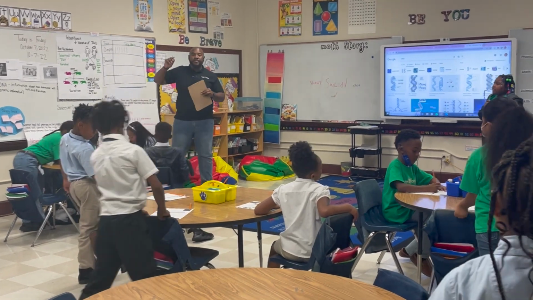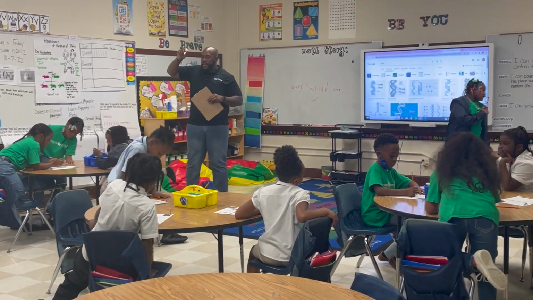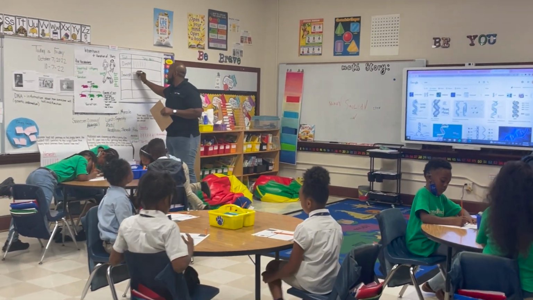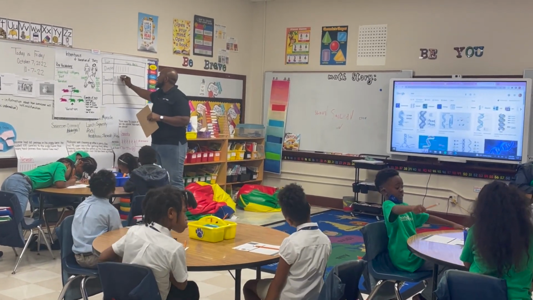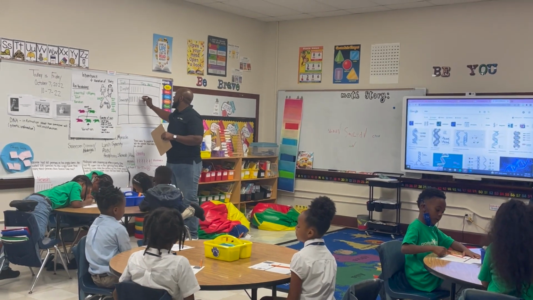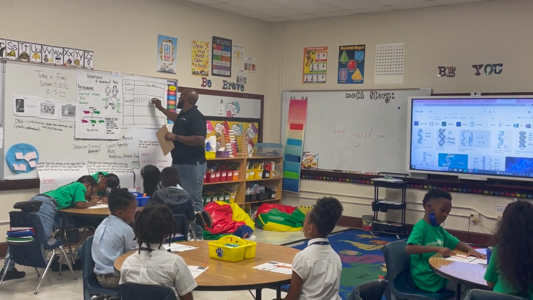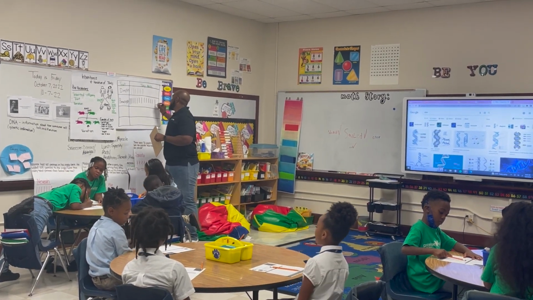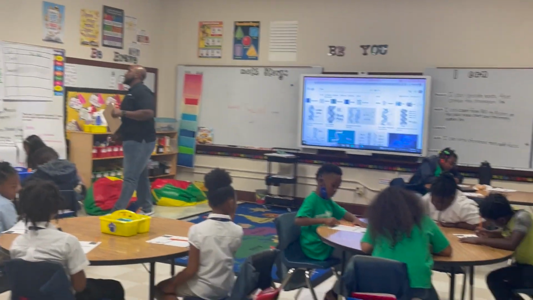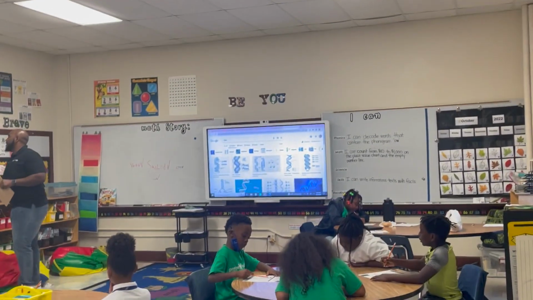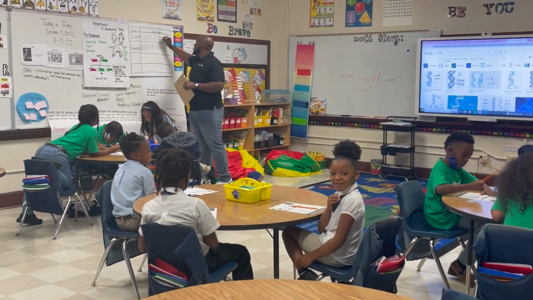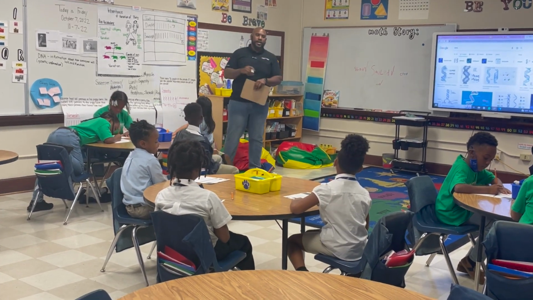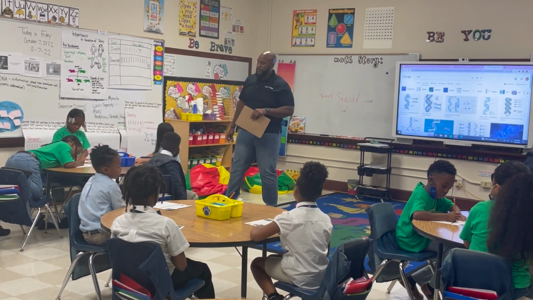Everybody be seated. Now fill in your chart with 13 students who have brown eyes. So we have 7 of our classmates that have dimples and 13 that have brown eyes.